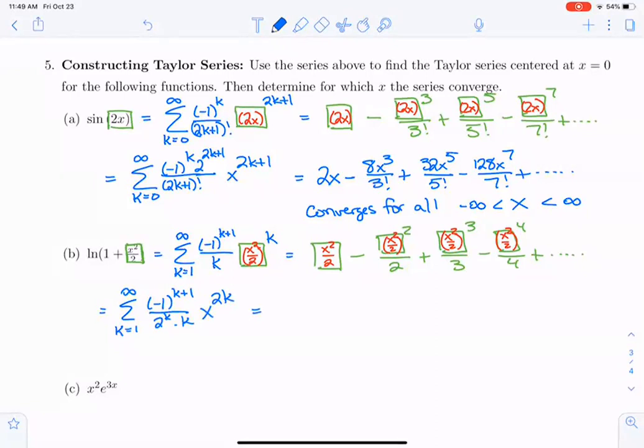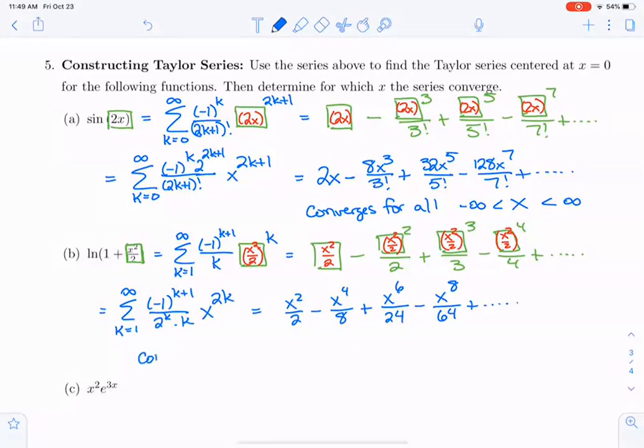And so this series looks like x squared over 2 minus x to the 4th over 2 squared is 4 times 2 gives me 8, plus x to the 6th, then I have a 2 cubed times 3, so that's 24, minus x to the 8th over 2 to the 4th times 4, so that's 64, plus dot, dot, dot. Okay, and so now I've found the series for natural log of 1 plus x squared over 2 because I knew the series for natural log of 1 plus x.